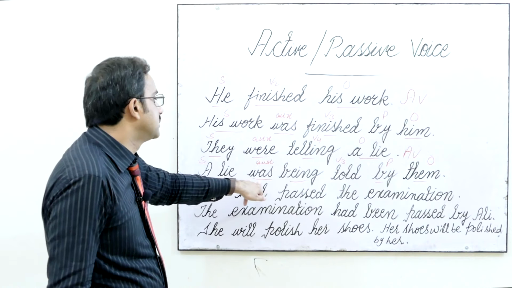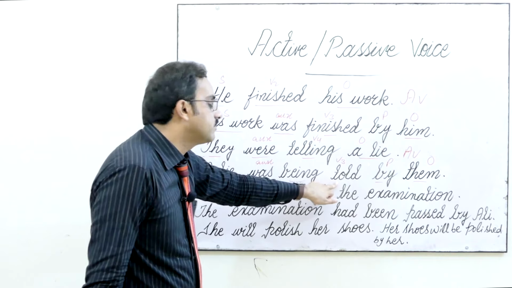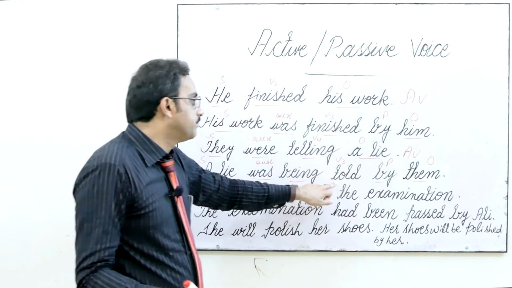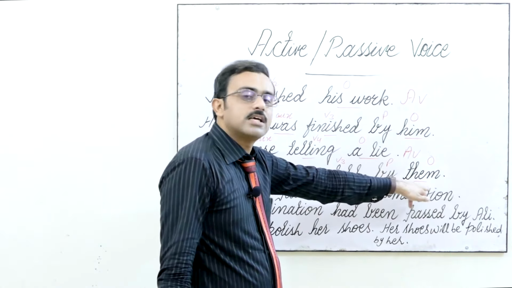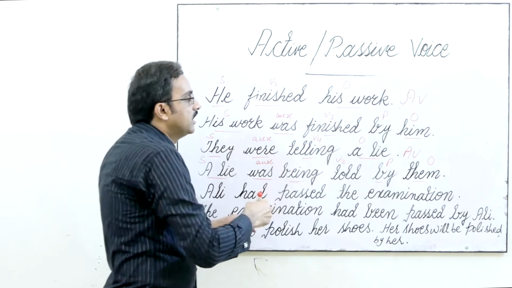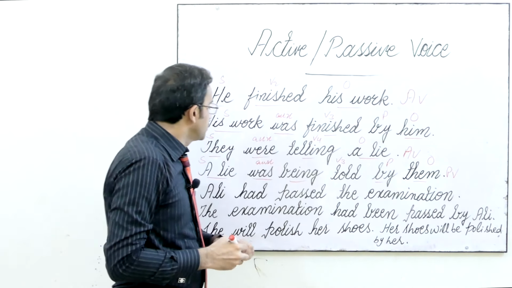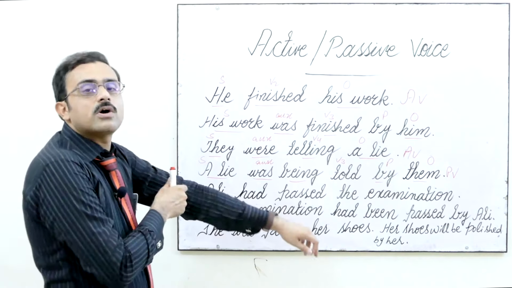We used auxiliary according to the subject. Then we used being, and after that we used third form of verb, and then preposition, and then object. So in this way we changed active voice into passive voice. Got that? So this was your past continuous tense.